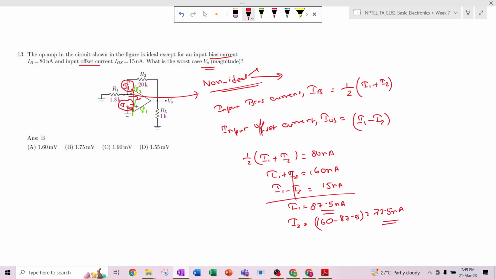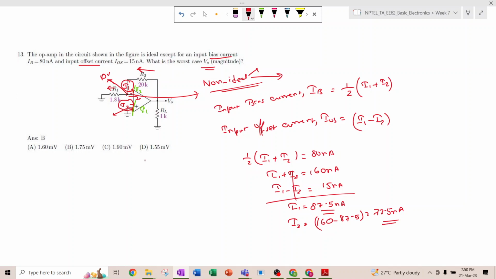As this is the ground, here also it is 0 volt, because it is not given in the question how much offset bias voltage is there. So if the plus terminal is 0 volt, the minus terminal should also be 0 volt, that means there should not be any current flow in this R1 path, right?